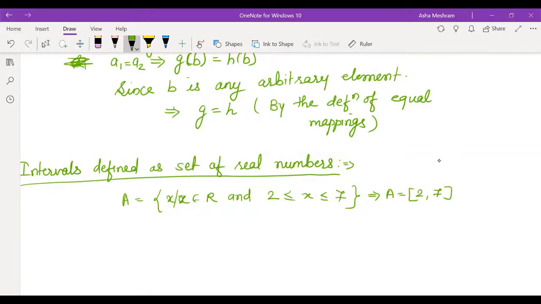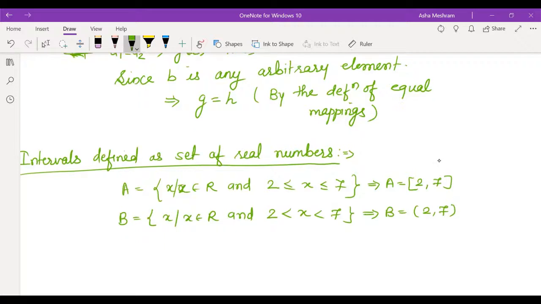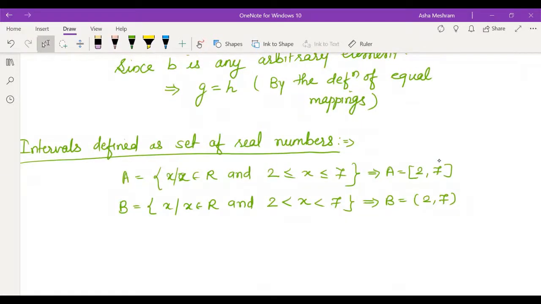Therefore this is also known as the closed interval 2 7. Okay, and then next, set B contains x, where x belongs to R, and again for the same numbers, 2 strictly less than x strictly less than 7. So this set can be expressed as the open interval 2 7 in the form of an interval.